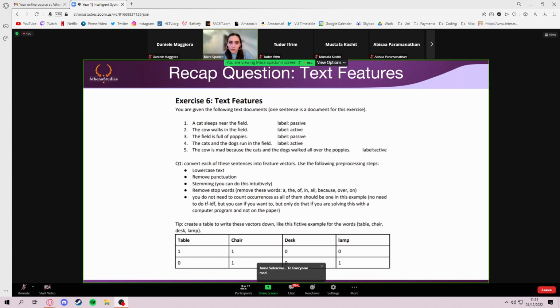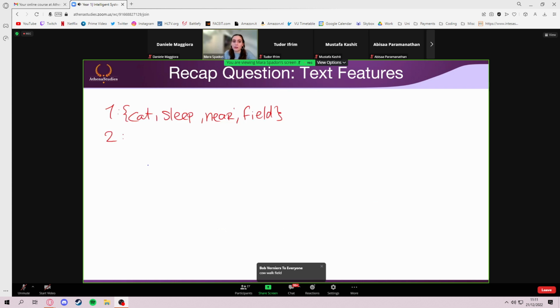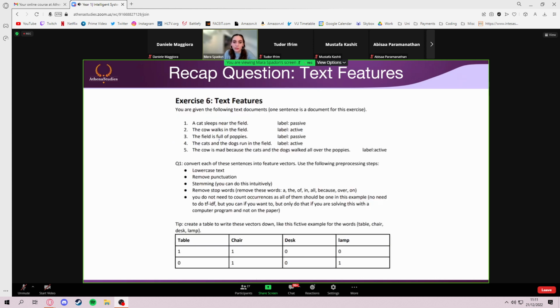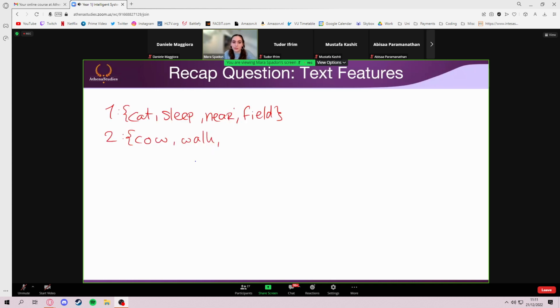Because for the second one, we have the cow walks in the field. So what would that sentence become? Cow walk field. Exactly. So that's how you would write it down. Oh yeah. So I guess that's one way of doing it. But if they ask you specifically for the feature vectors, then you would have to write that down.